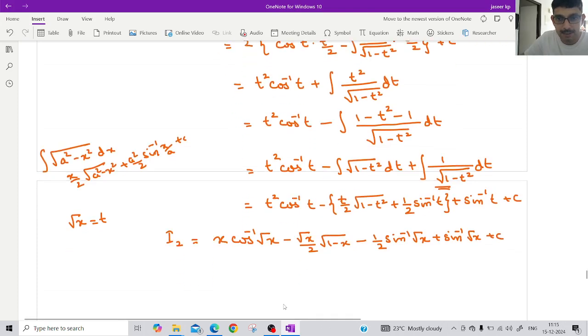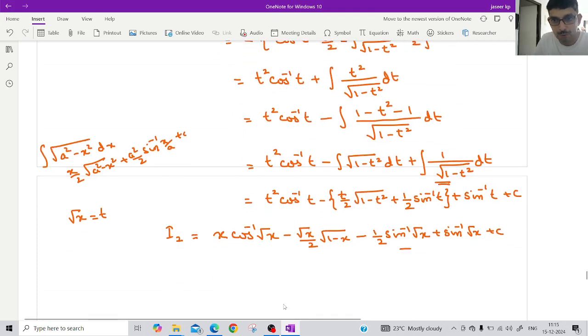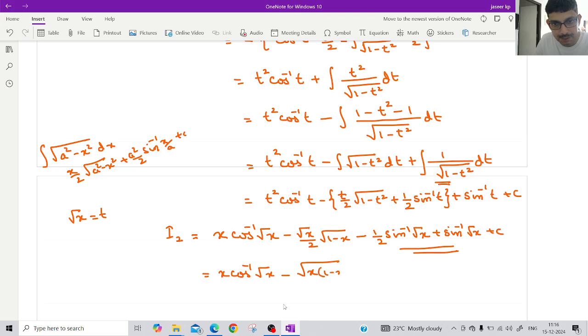So this third and fourth term can be combined. So it will become x cos inverse root x minus, this also you can write as root of x into 1 minus x by 2. This will become plus sine inverse root x by 2 plus c, simplifying third and fourth term.